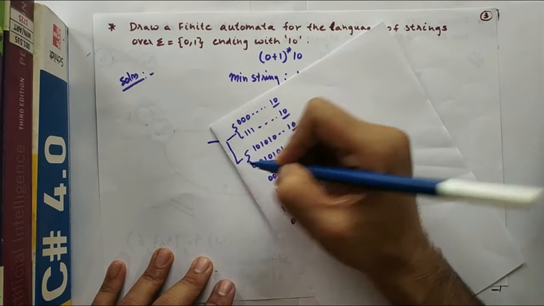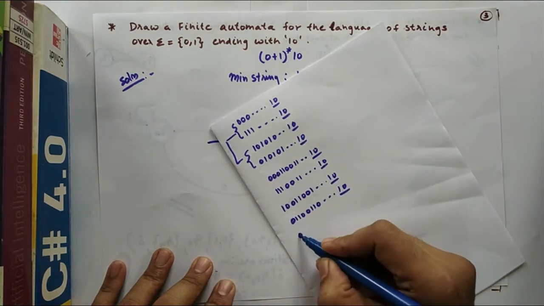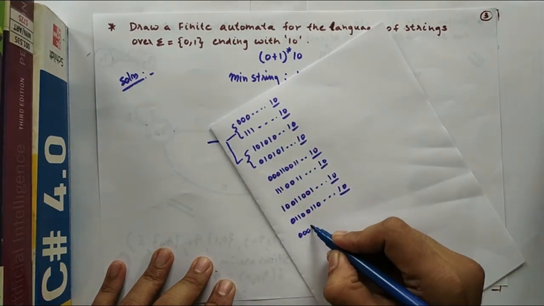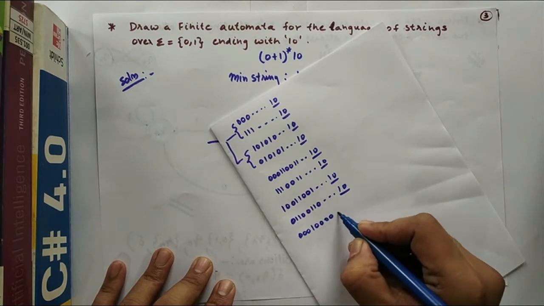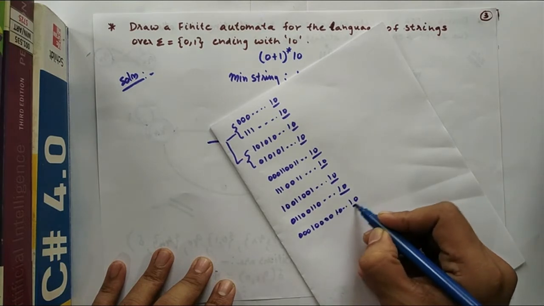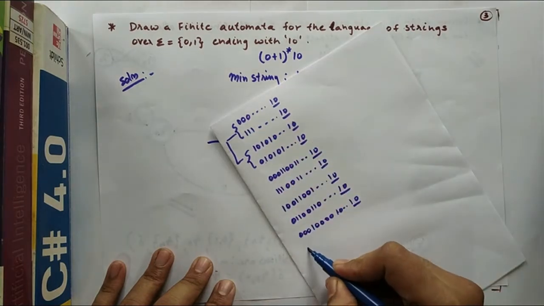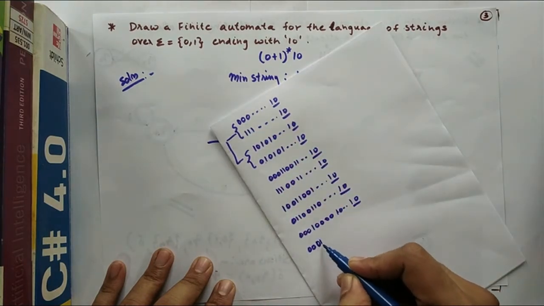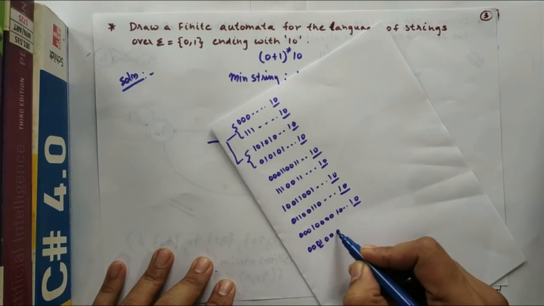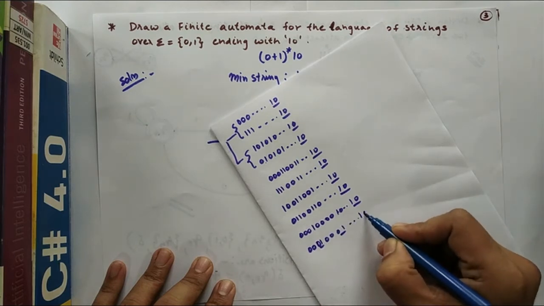Then you take a combination of these two, so you have some zeros, then 1 0, some zeros, then 1 0, and so on, ending with 1 0. Then some zeros and 0 1, some zeros and 0 1, and so on, ending with 1 0.